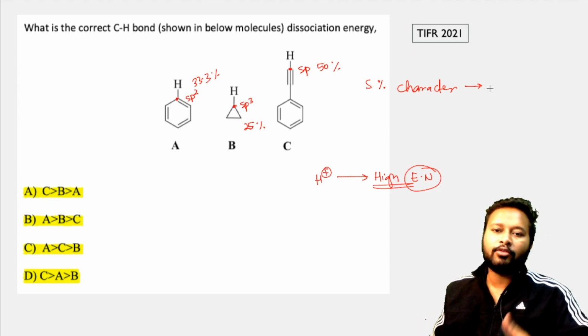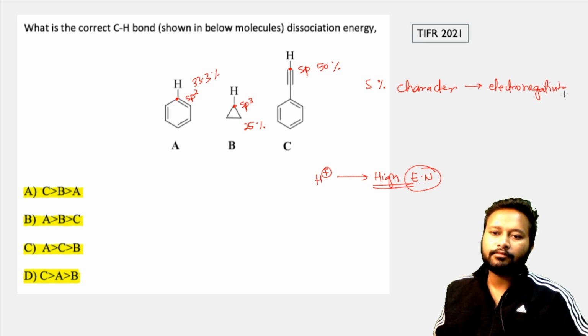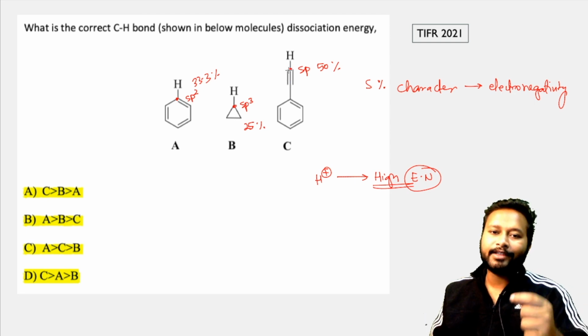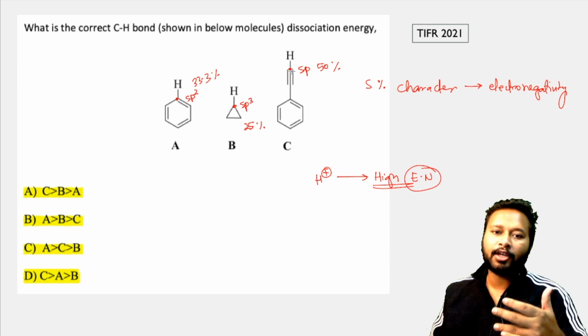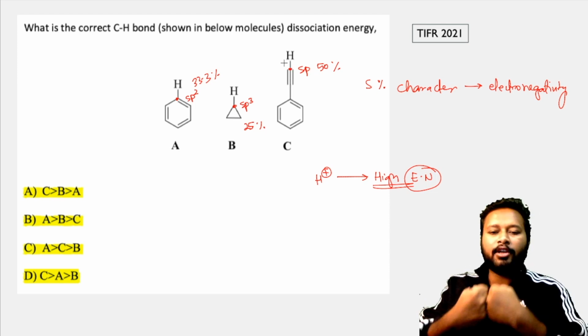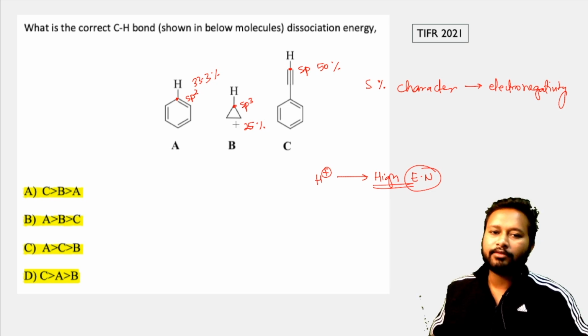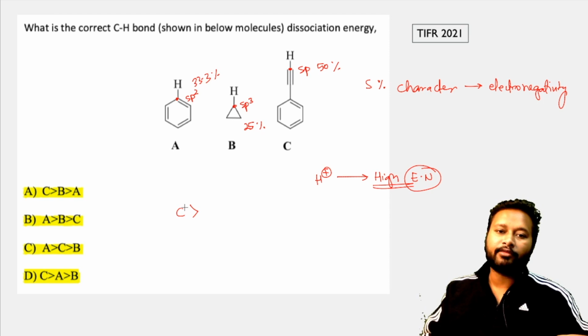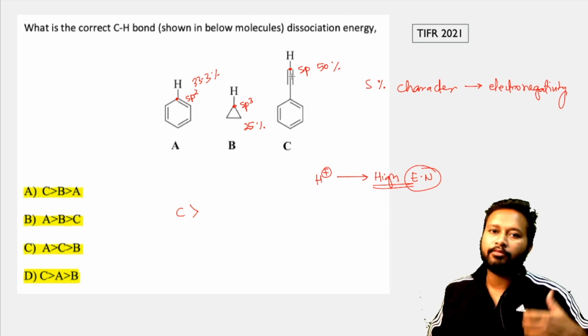Percentage S character goes with electronegativity. So the carbon here is highly electronegative compared to the carbon over here, and since it is more electronegative, the carbon-hydrogen bond is more strongly bound. That makes C have the highest C-H bond dissociation energy, because of the high electronegativity of the carbon on this sp hybrid position.